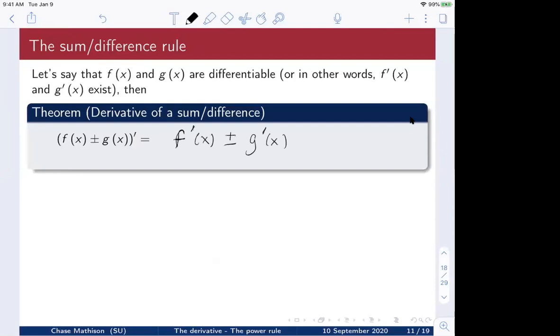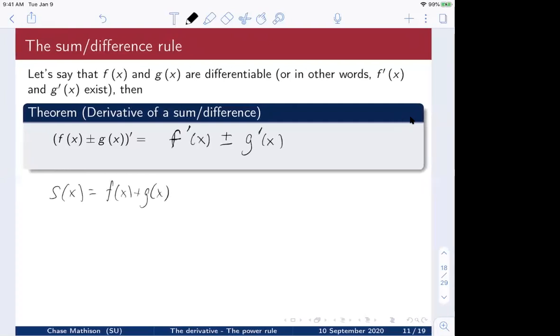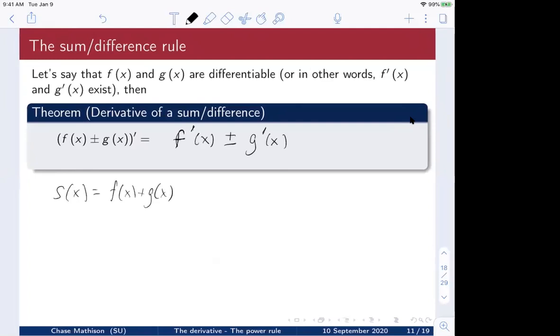So I'm going to call f plus g of x, let's call it s of x, just so I don't have to keep writing it out. All right, so I want to find s prime of x.